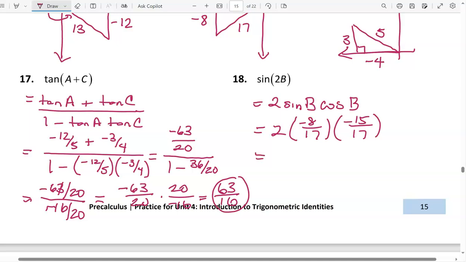And performing that multiplication, 2 times negative 15 is negative 30, times negative 8 is positive 240, and 17 times 17 is 289, so this is 240/289.